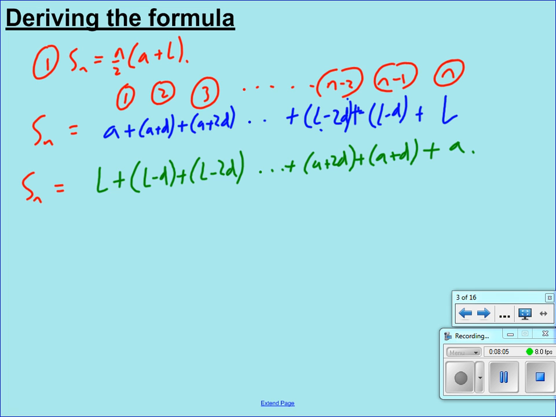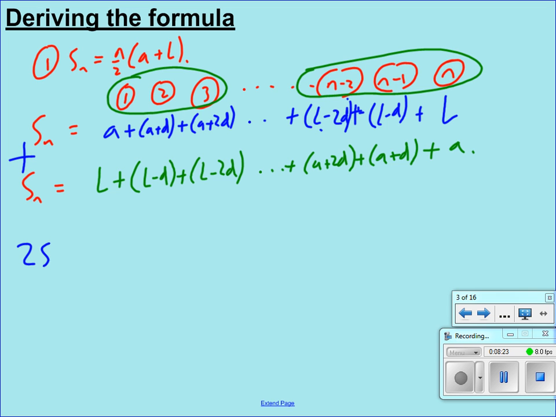It's really important that I've got the same amount of terms either side of this dotted line. Now I'm going to add both sides together.